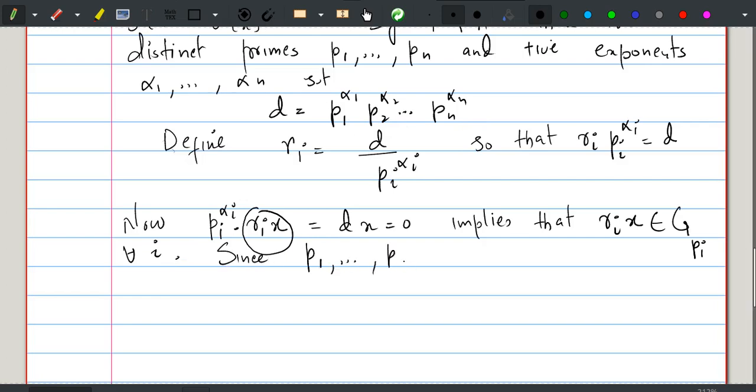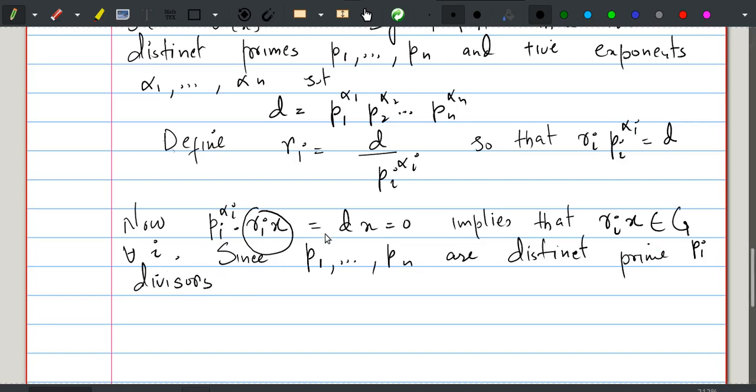So these are the distinct prime divisors of d, where this p_i does not divide r_i, because r_i is defined to be d over p_i to the alpha_i. So r_i cannot have a divisor which is p_i.